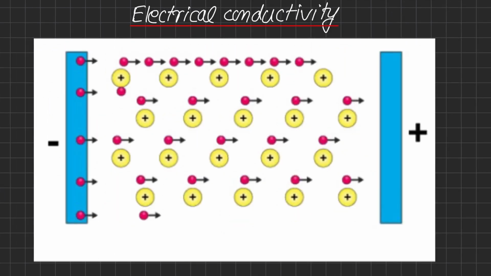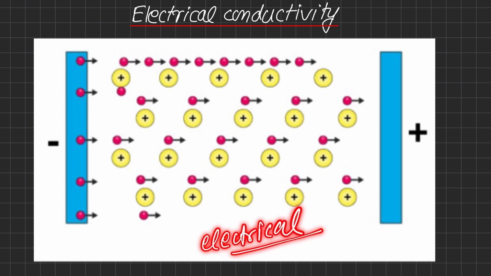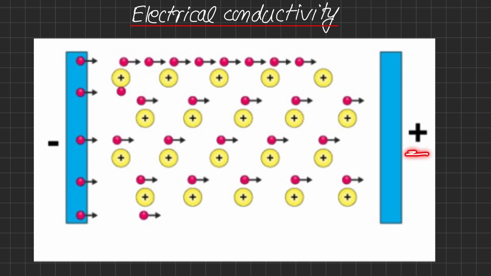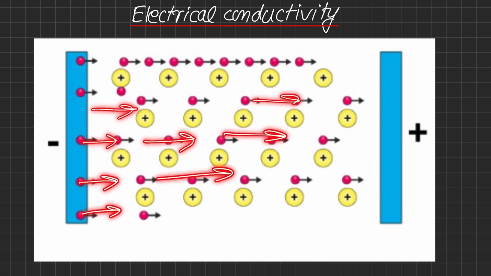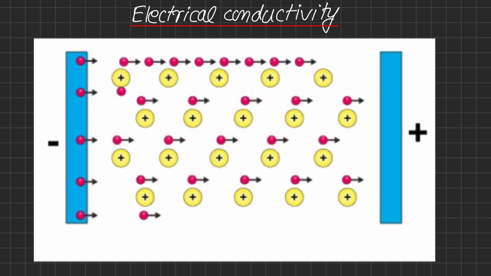One major property of metals is their electrical conductivity. How is this electrical conductivity carried out? If we attach the negative side of a battery terminal to a metal sheet, and the positive side of the terminal at the other end, there is a negative charge here, so the electrons present in this position will repel from this position and move forward towards the positive terminal of the battery.